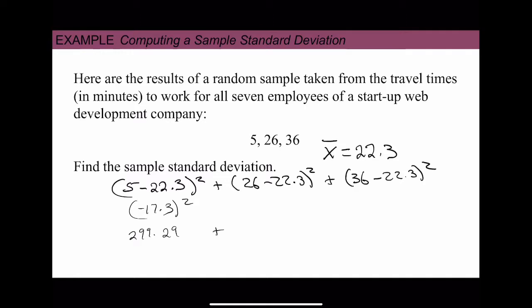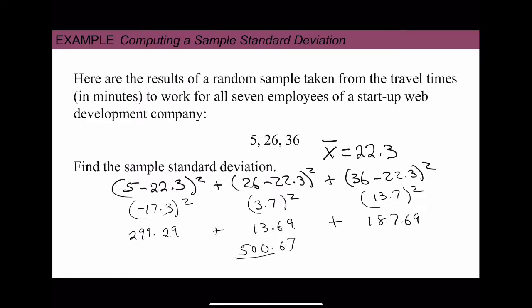This one here, 26 minus 22.3 is 3.7, and I square that and get 13.69. Plus 36 minus 22.3, 13.7 squared, and I have 187.69. Add those 3 numbers together.